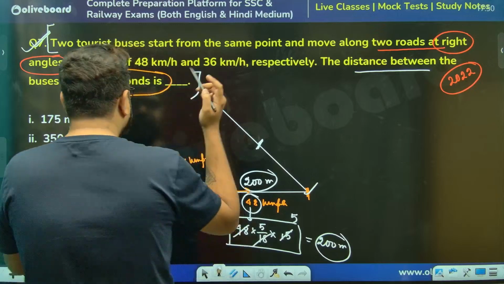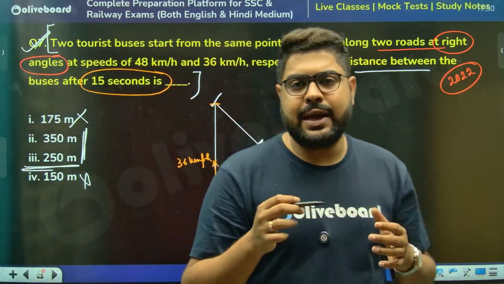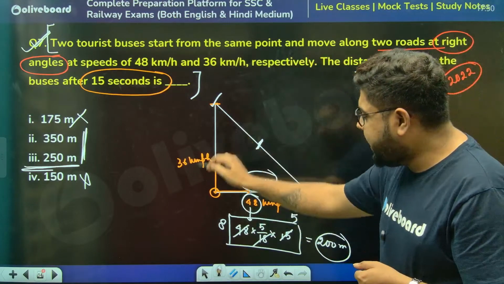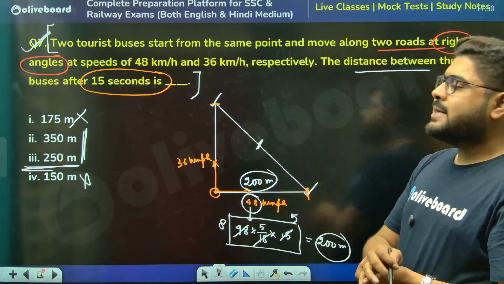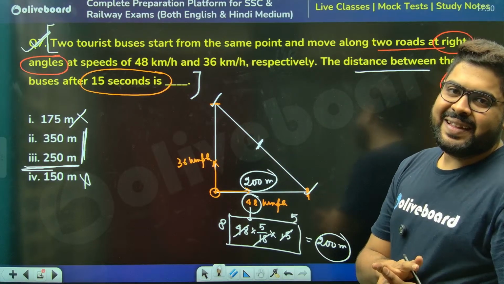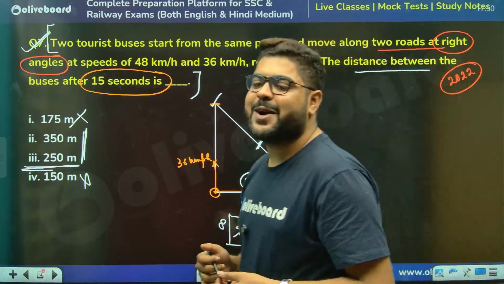See how to think. I am thinking in my head there might be a Pythagorean triplet forming, and 200 and 250 are part of a Pythagorean triplet.